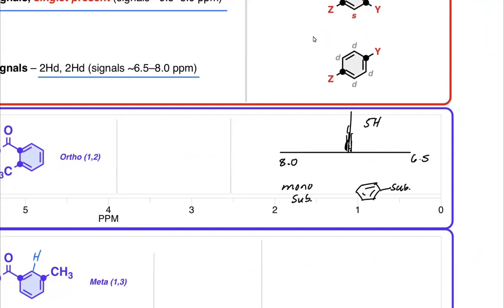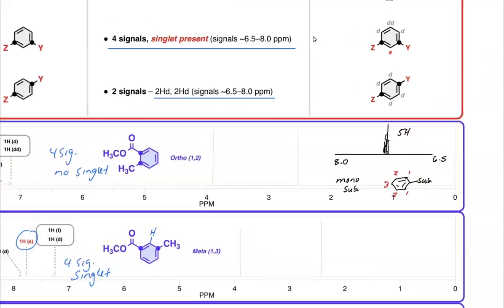Now let's acknowledge that in theory, with a mono-substituted ring, you'd actually have 3 proton environments, but depending upon the identity of the substituent, those protons, which again, there's 3 distinctive sets, might be so similar in chemical shift that they blend up into one signal. That can happen, in which case they'd integrate that big old blob to 5H. If you see that 5H bonfire, it's a mono-substituted ring.